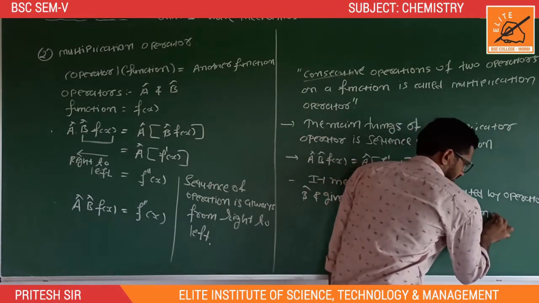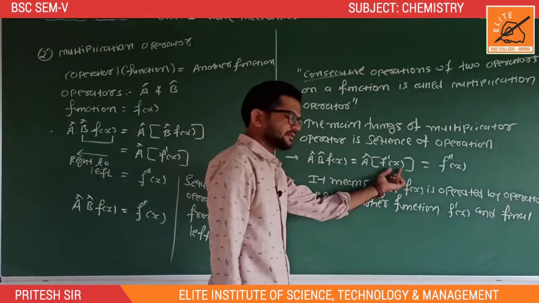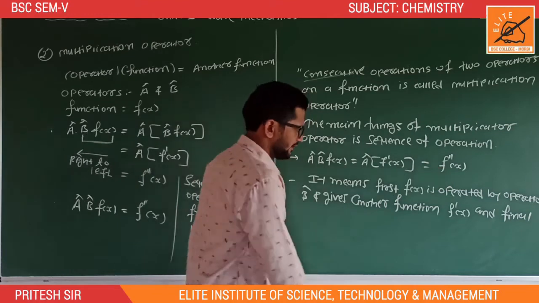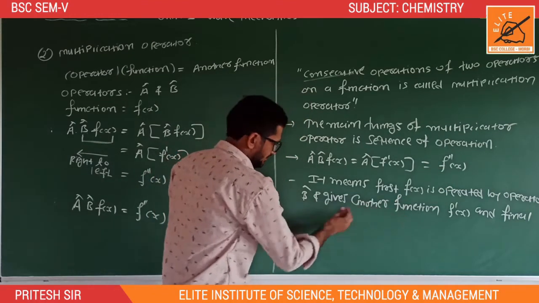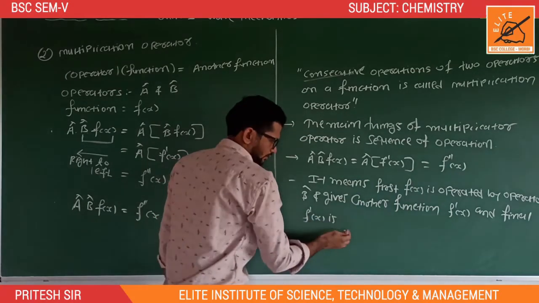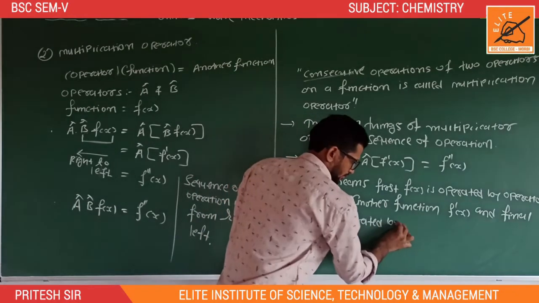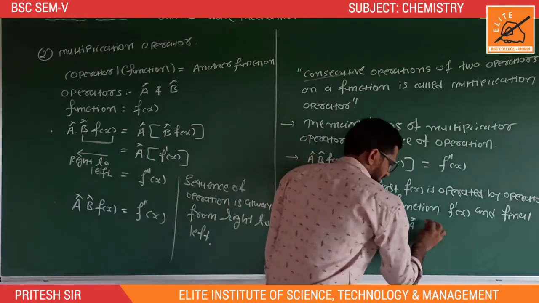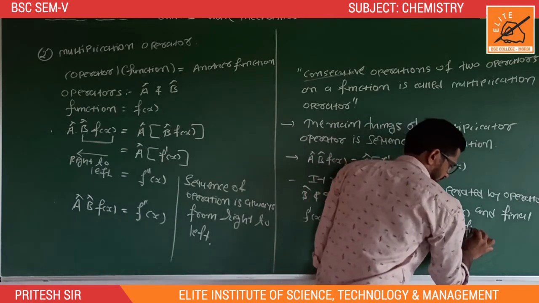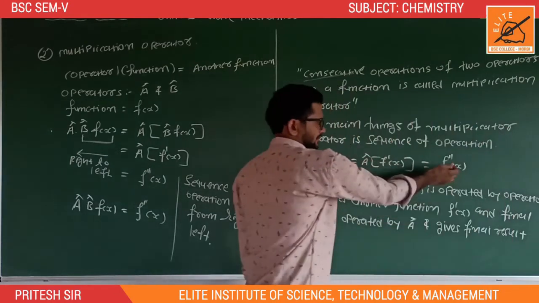And finally f dash x is operated by operator A cap and gives the final result, that is f double dash x.